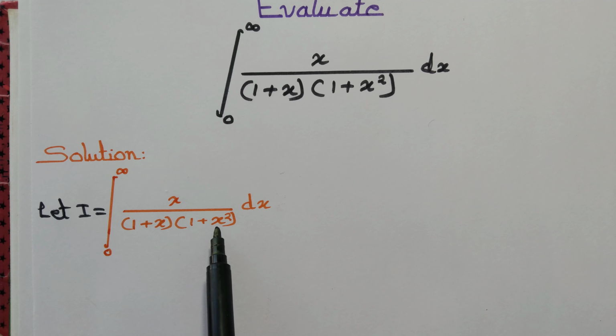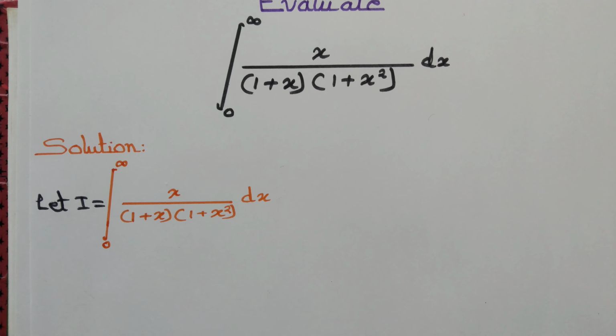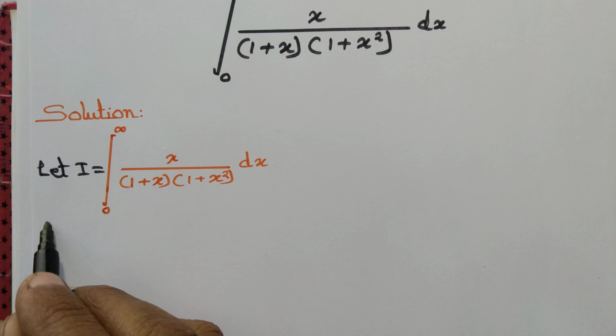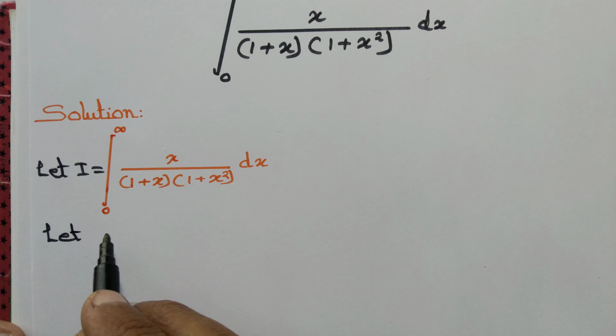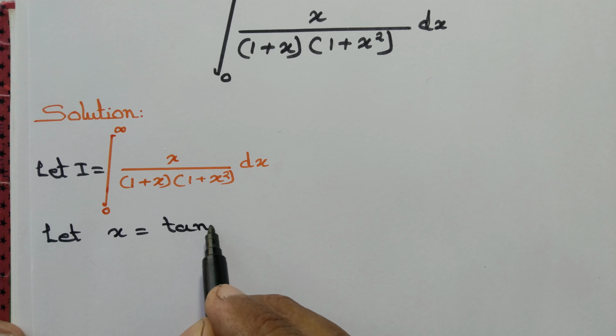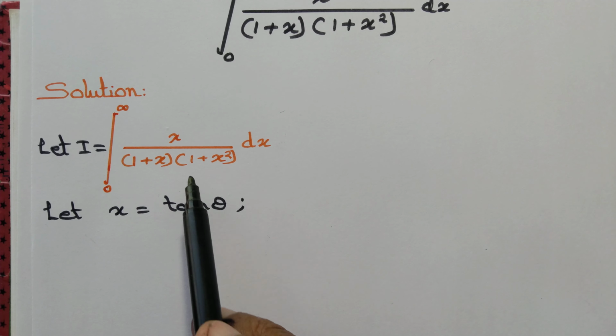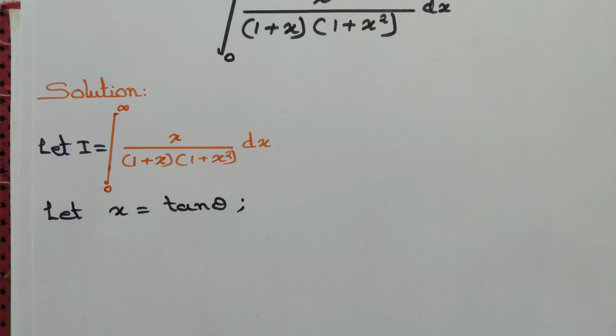Observe that if I let x equal tan theta, then this expression can be written as sec squared theta and it gets simplified. Let's assume x equals tan theta. When I let x equal tan theta, then 1 plus x squared is sec squared theta.